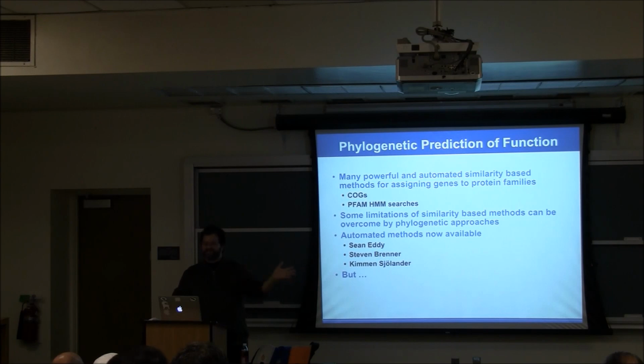But in many cases, none of the genes that your gene is similar to have ever been characterized genetically, biochemically, or in any experimental way. So now you have a gene with lots of homologs. You could build every evolutionary tree you want, and it's not going to help you predict the function any more than rolling dice will help you predict the function.